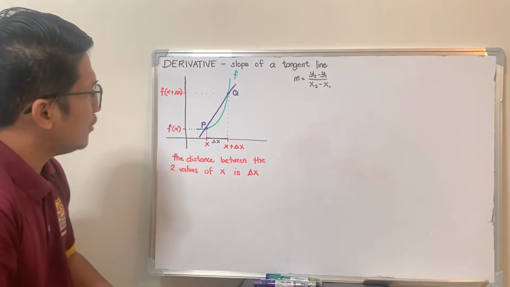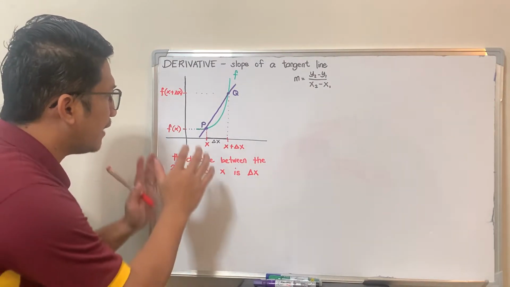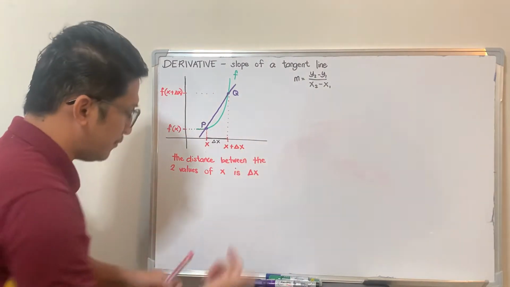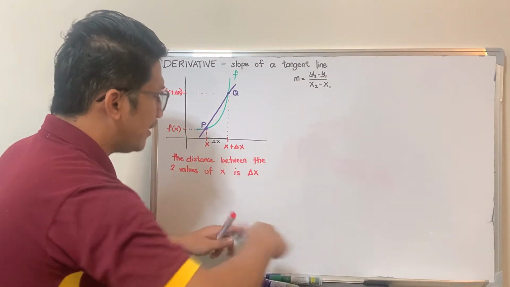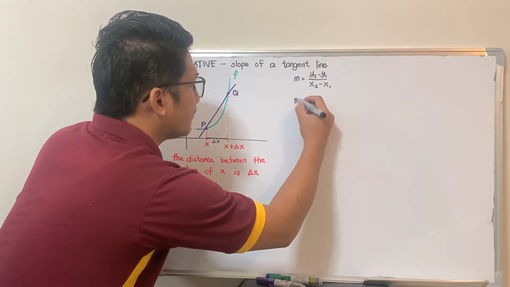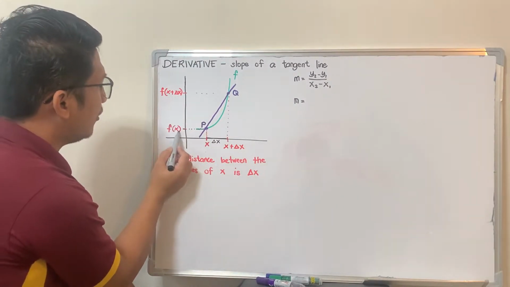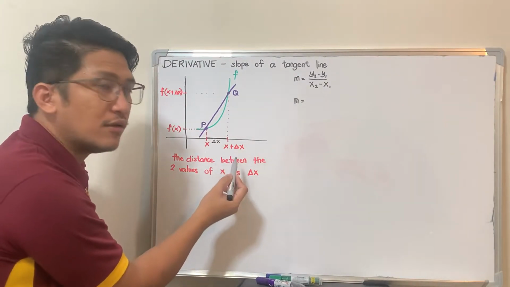Okay? So kaya mo na siyang gamiton sa formula, then this formula becomes m equals y sub 2 minus y sub 1 over x sub 2 minus x sub 1. Okay?